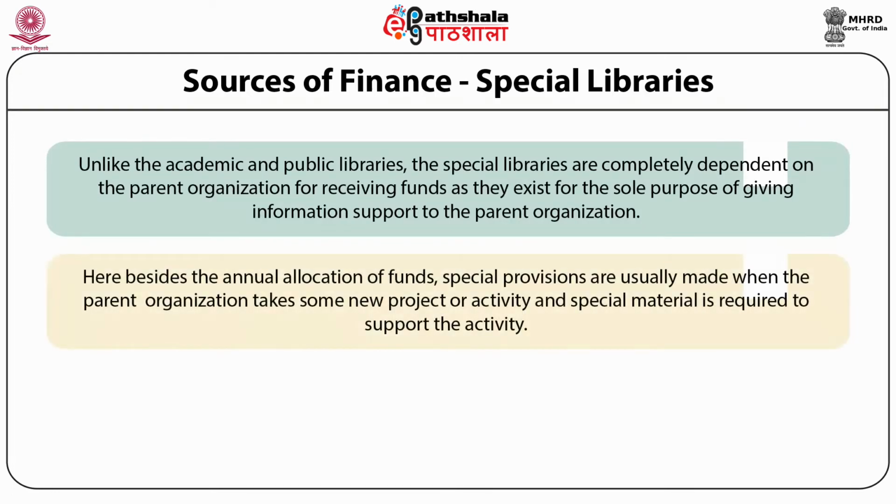Here, besides the annual allocation of funds, special provisions are usually made when the parent organization takes some new project or activity, and special material is required to support the particular activity. In this case, many times the funding may come from the individual or the organization who is sponsoring the particular project or the particular new activity.